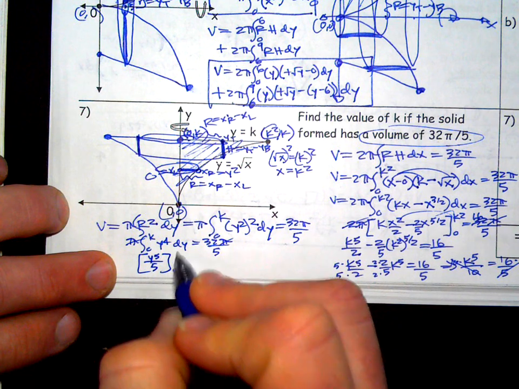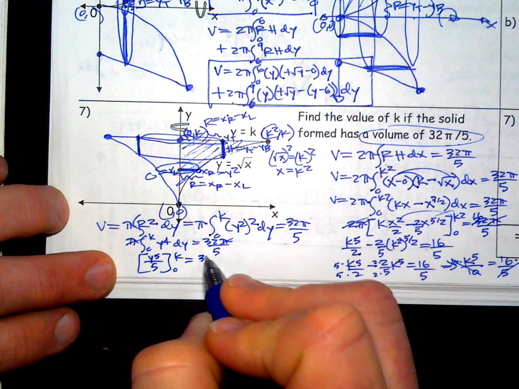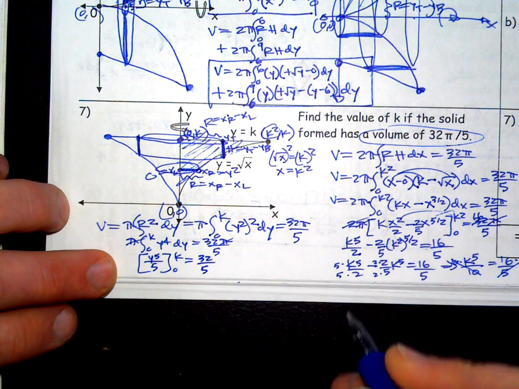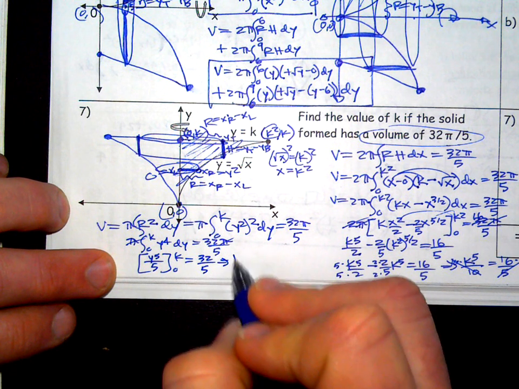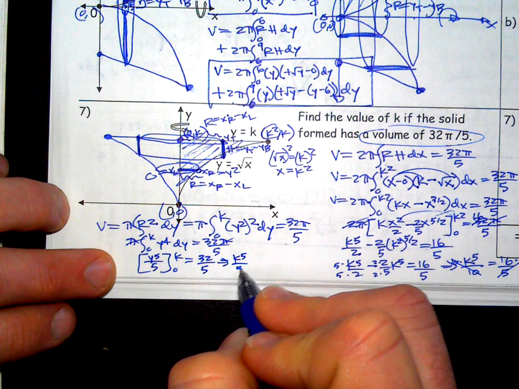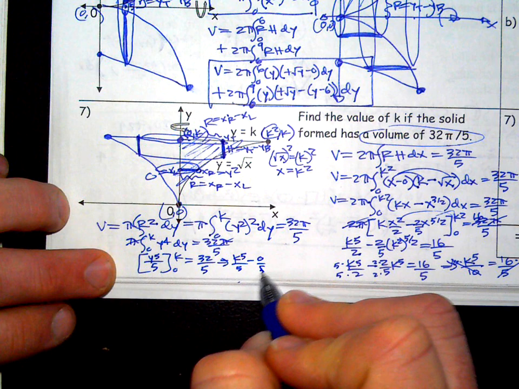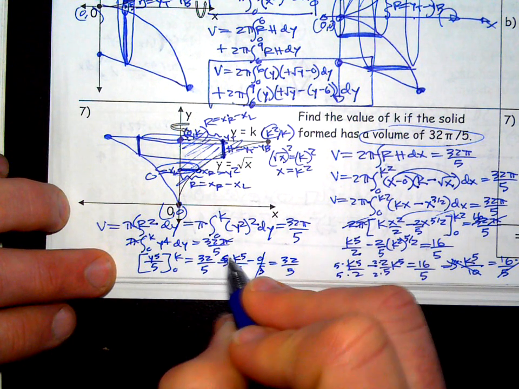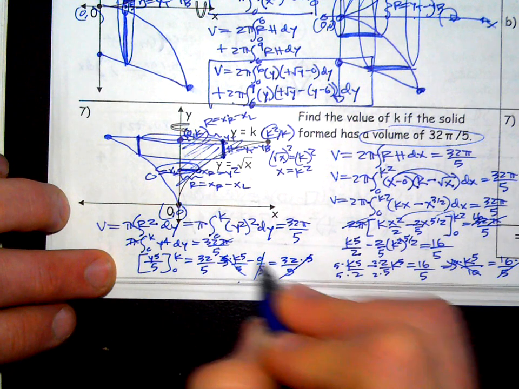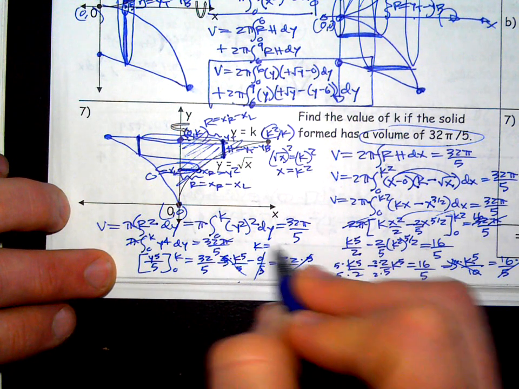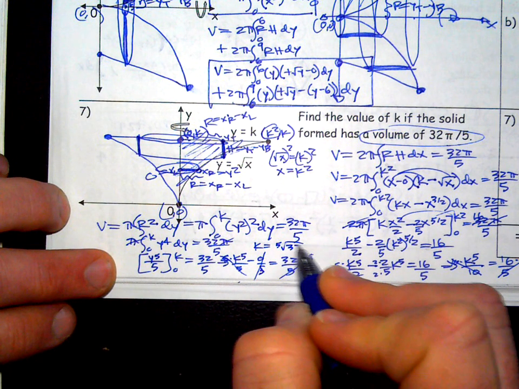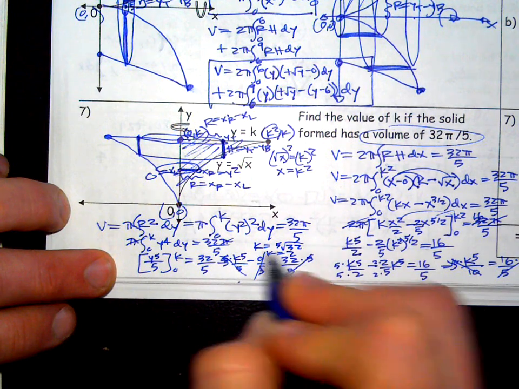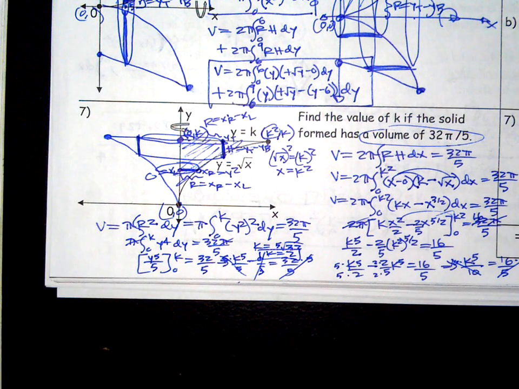Still got to plug in the limits. And so if you plug the limits, you get k to the 5th over 5 minus 0 over 5 equals 32 over 5. That goes away. We can multiply both sides by 5 and then take the 5th root of both sides. And we get k equals 2. So same answer, should be the same.